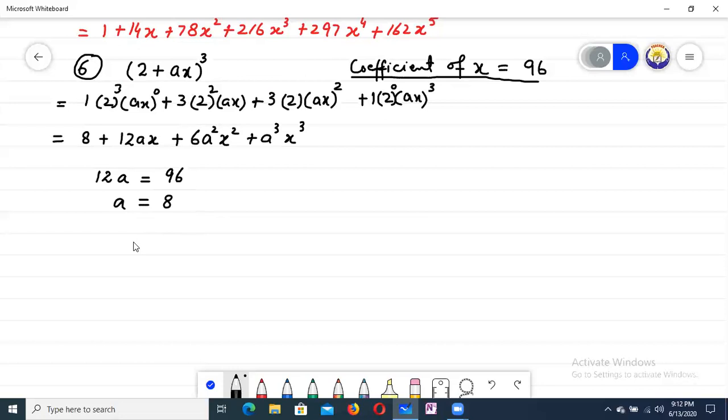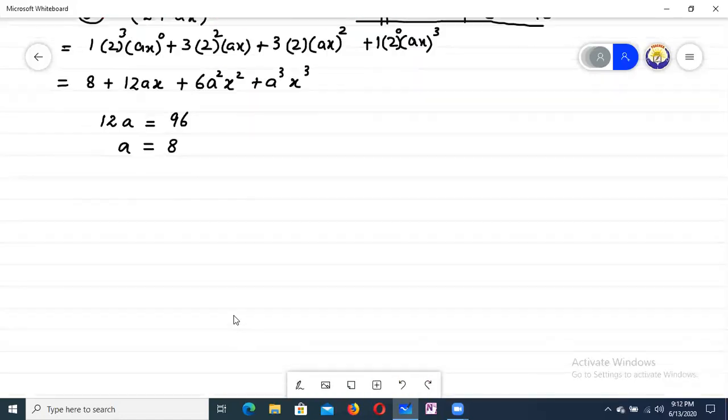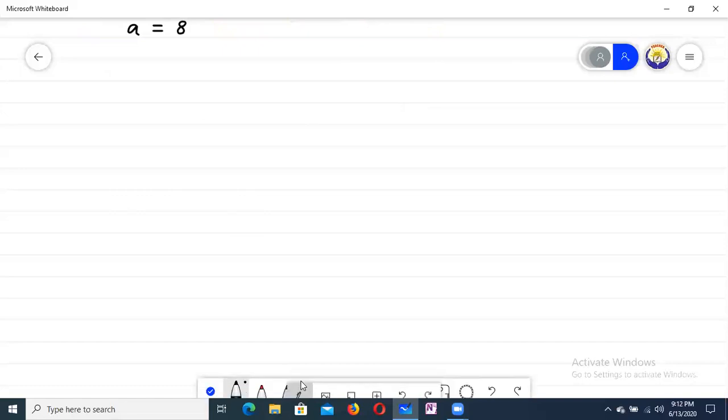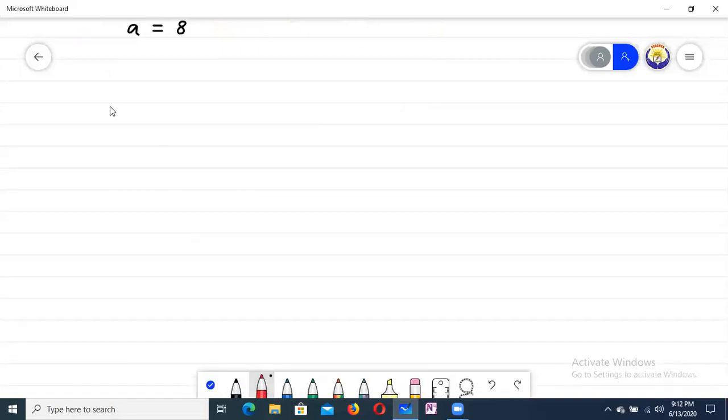Now we'll start the next question. Question number 7. In question number 7, expand (3 plus x) raised to the power 4.